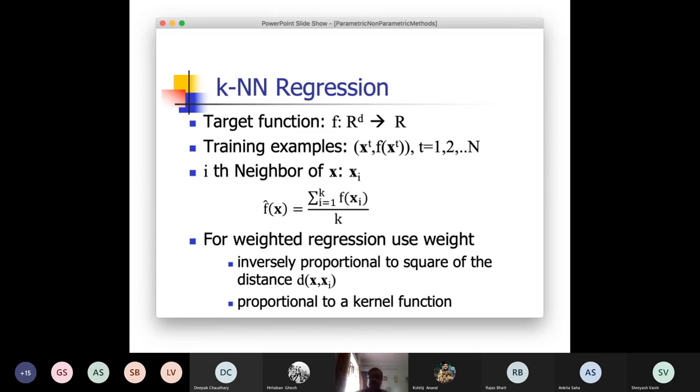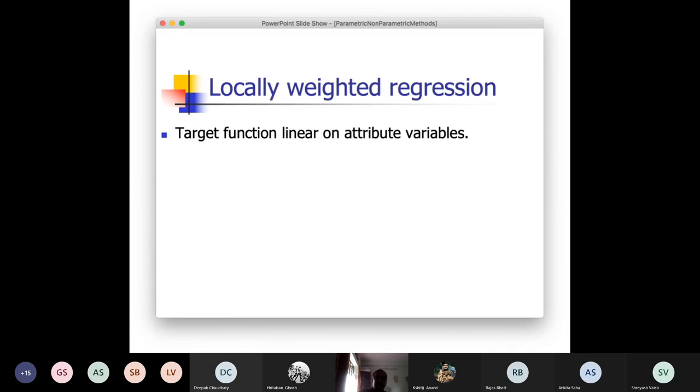So instead of specifying the distance function directly, you can use a kernel function as a weight. That is a simple way of doing regression using the k nearest neighbor principle, very similar to what we did for class assignment also.